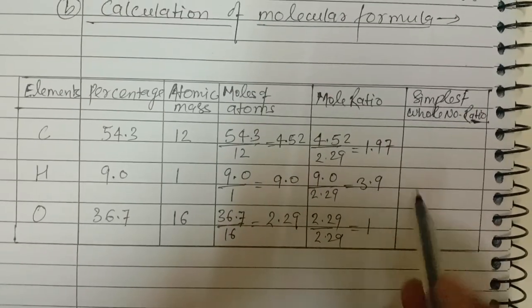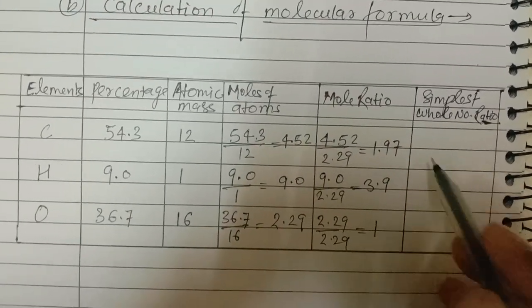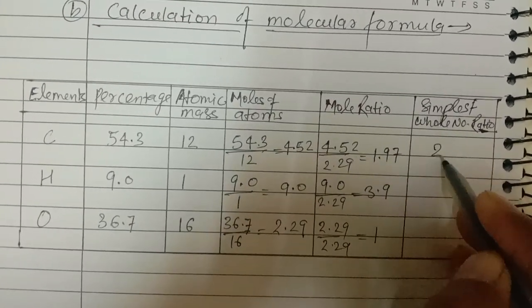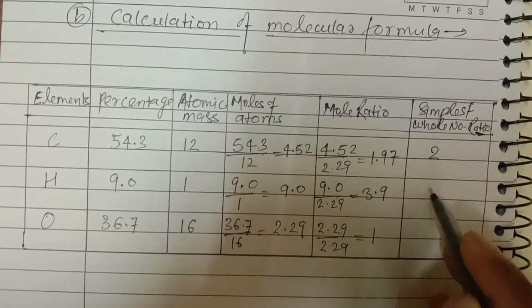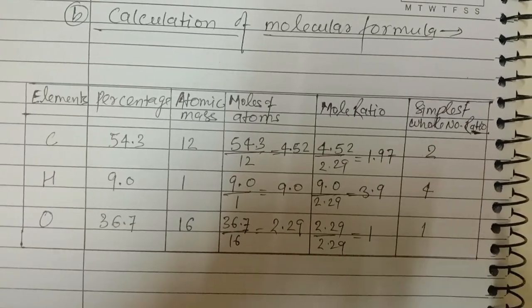If you round off these numbers, this is 2, this is 4, and this is 1.